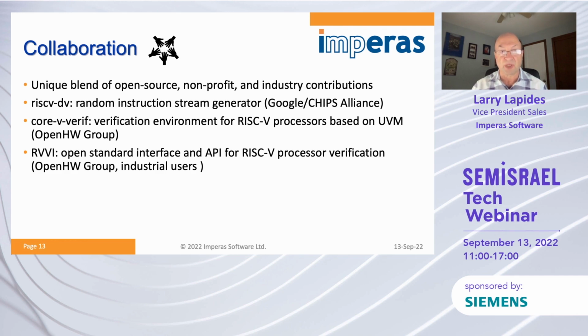Working with the Open Hardware Group on Core-V-Verif, the verification environment for RISC-V processors, which is based on UVM. And also working on RVVI, an open standard interface and API for RISC-V processor verification, which we're working on with Open Hardware Group and also a number of industrial users. So collaboration is a key piece of stepping up to the DV challenge.